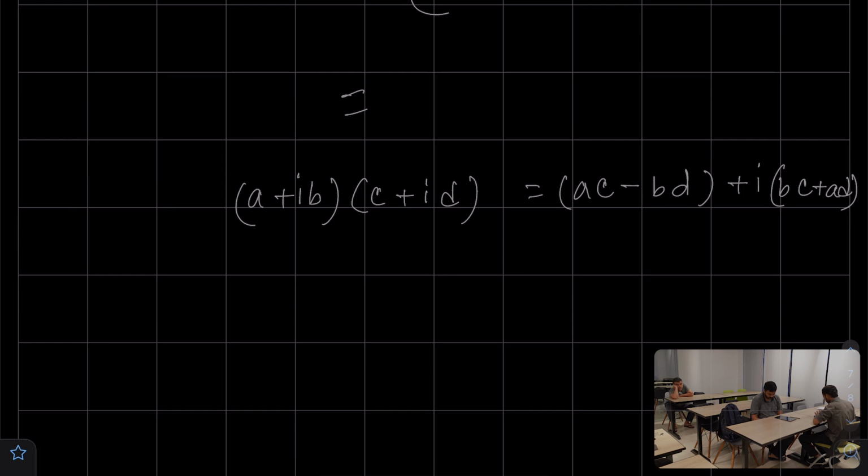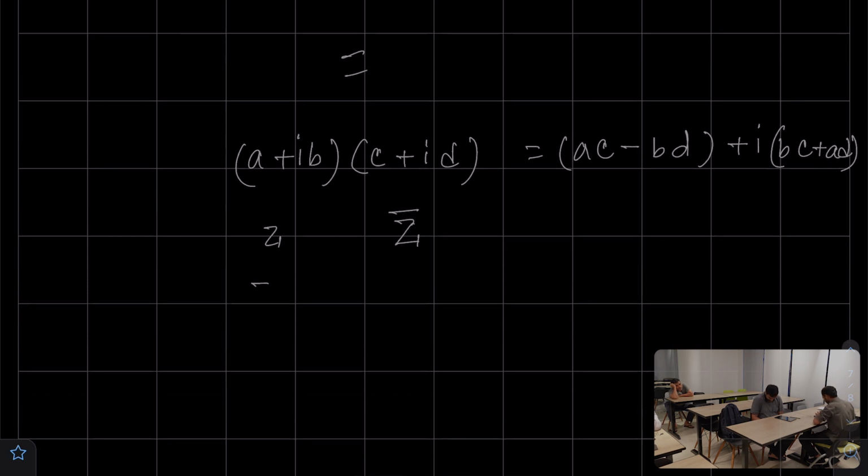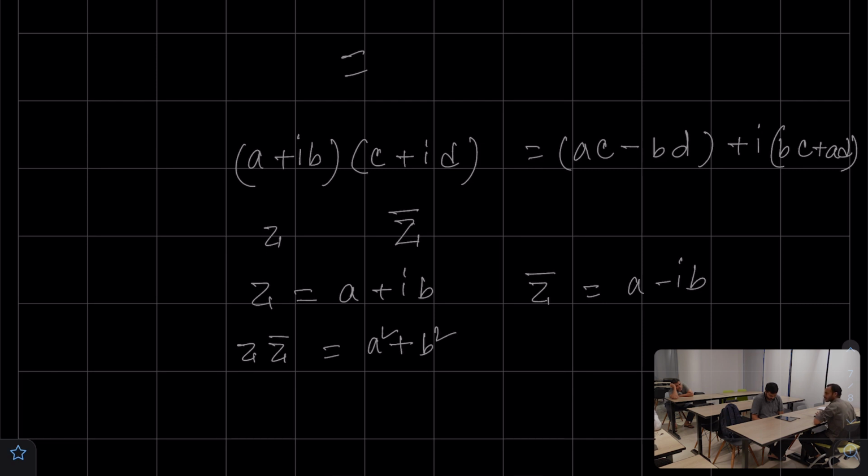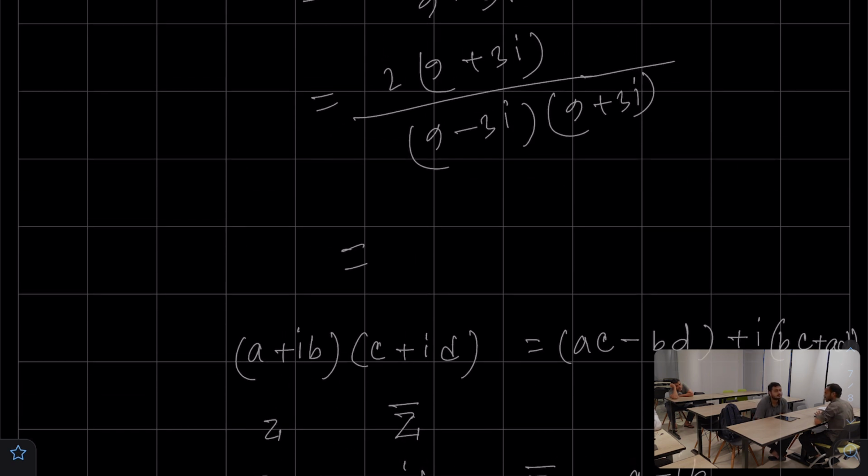And we also know that if z is a complex number, there exists a conjugate of that number. If z equals a plus ib, then the conjugate of z is a minus ib, and z times z bar equals a squared plus b squared, right? Now use that definition here.